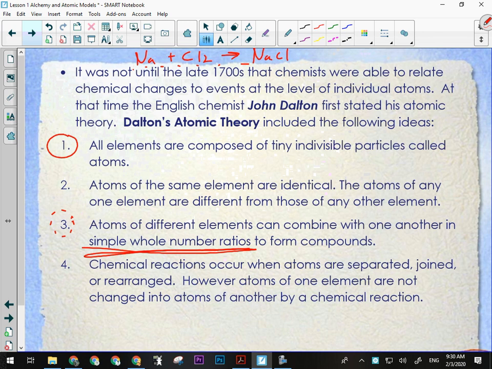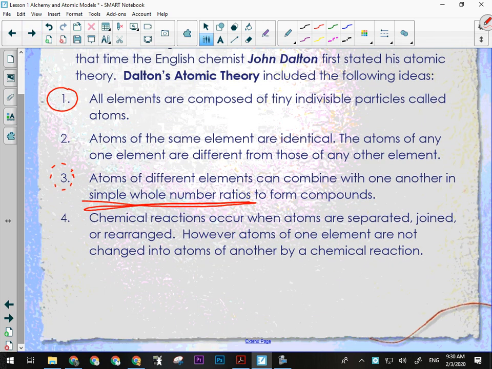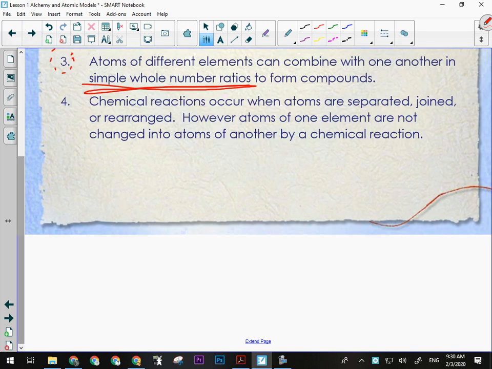So if we're looking at how we write the formulas for chemical compounds, let's say I had this stuff. How many sodium atoms are there? 2. How many oxygen atoms? 1. I wouldn't write it like this, because now I'm saying there's 1 sodium atom and half an oxygen atom.